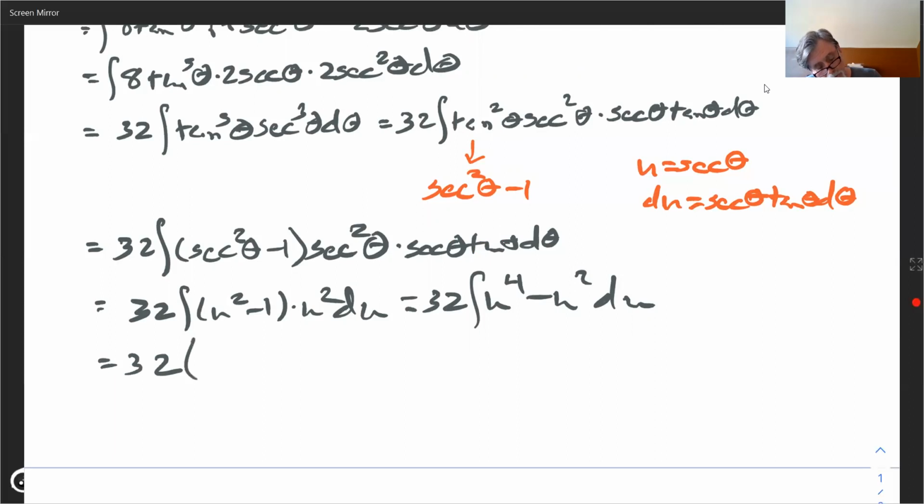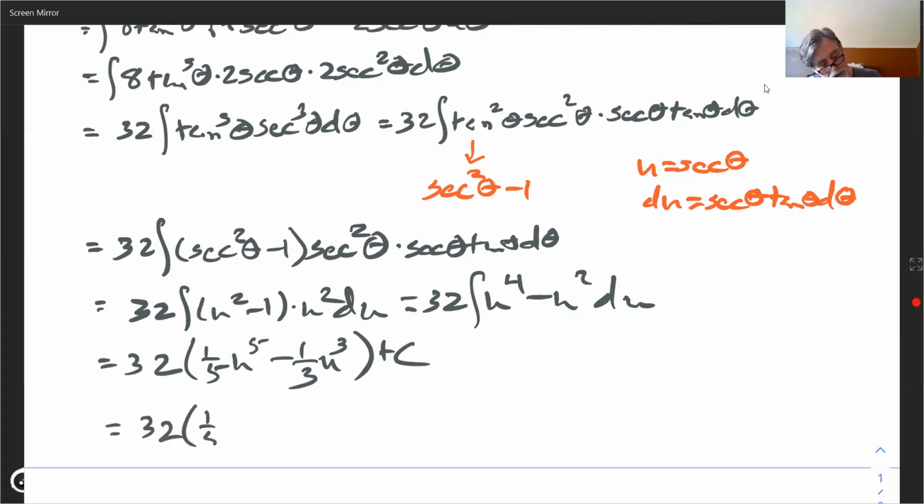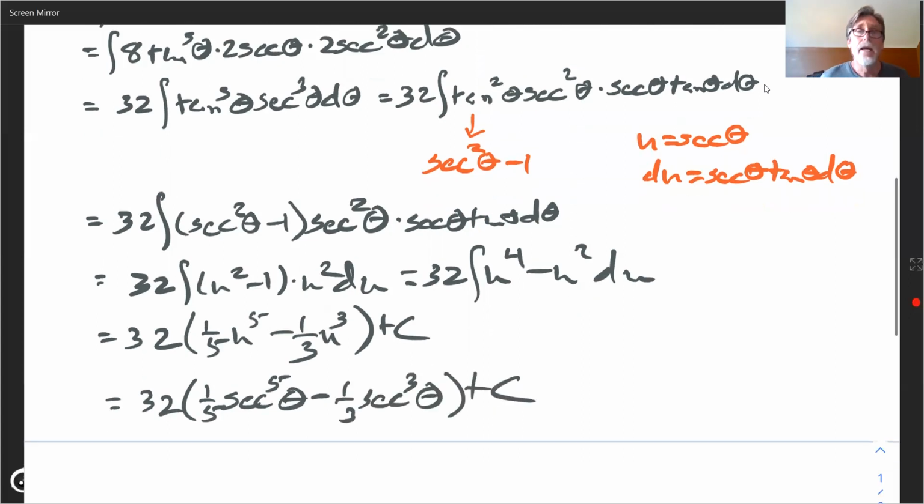And upon integrating, we have 1/5 u to the 5th minus 1/3 u to the 3 plus c. Also known as, what was u? Secant. So 32 times 1/5 secant to the 5th minus 1/3 secant to the 3rd plus c. Everything's going swimmingly.